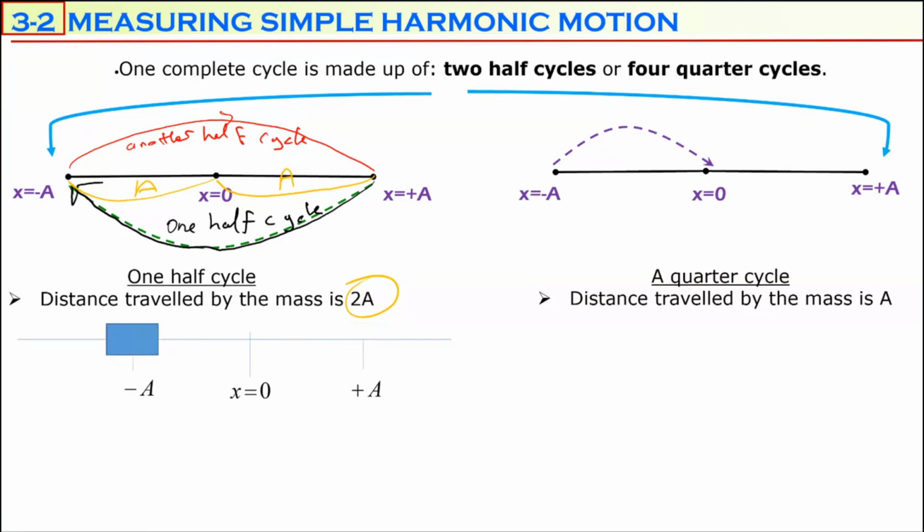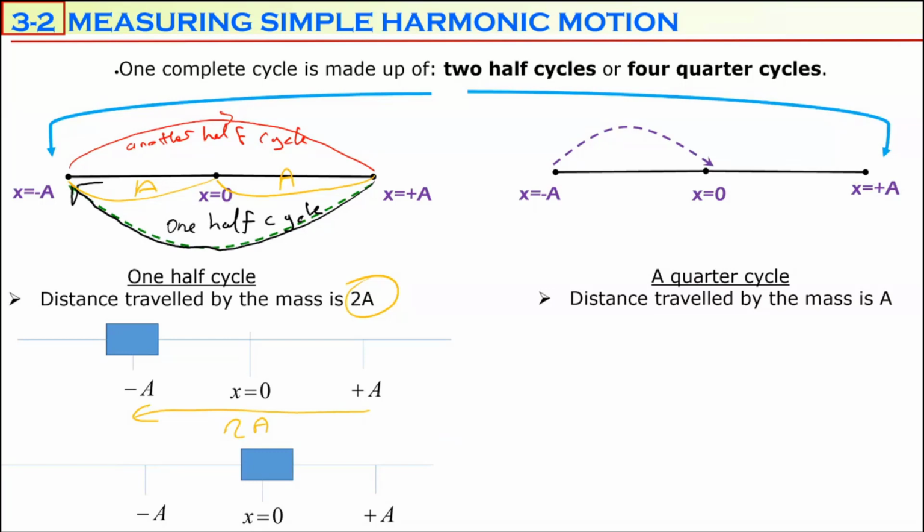This is a half cycle. But we cannot say exactly what the displacement is. If the object starts from positive A to negative A, this is a half cycle, and the magnitude of the displacement is 2A. However, if the object starts from 0, the net displacement will be different. If the object starts from 0, goes to negative A, 1A, back to 0 again, 2A, the object is where it started.